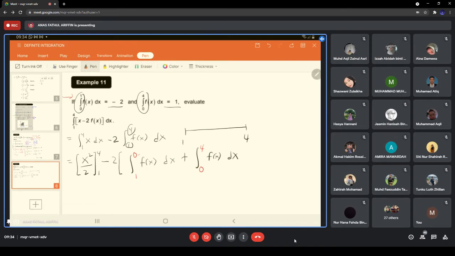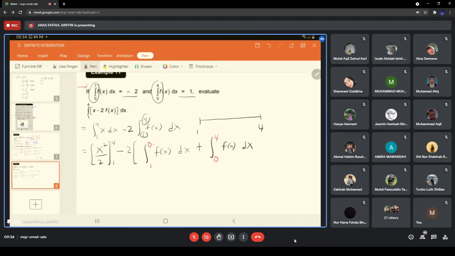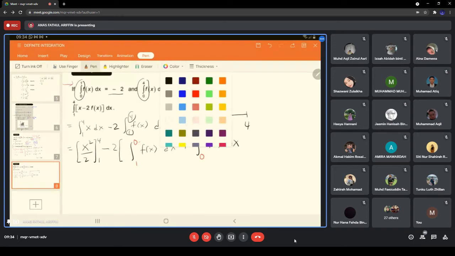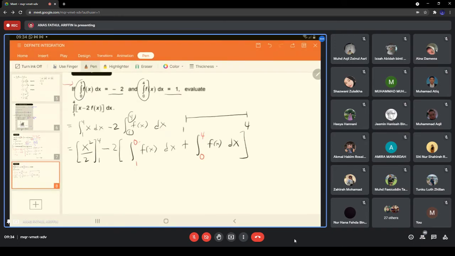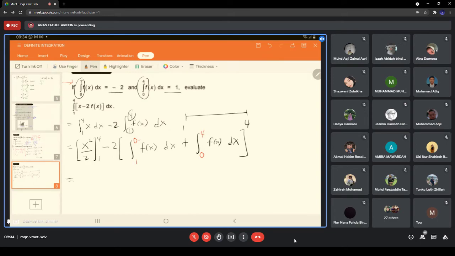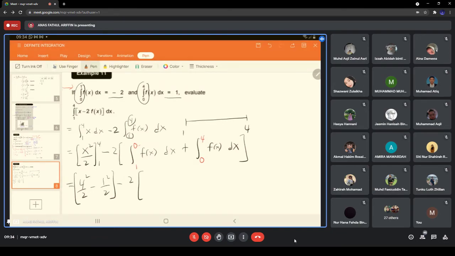Okay. And then kita tutup balik bracket ni. So yang ni kita integrate seperti biasa. Kita dah dapat x square, so kita gantikan jadi 4 square over 2 minus 1 square over 2. Now minus this part. Now we have 1 to 0, tengok dekat soalan dia 0 to 1, tapi kita ada sekarang ni 1 to 0.